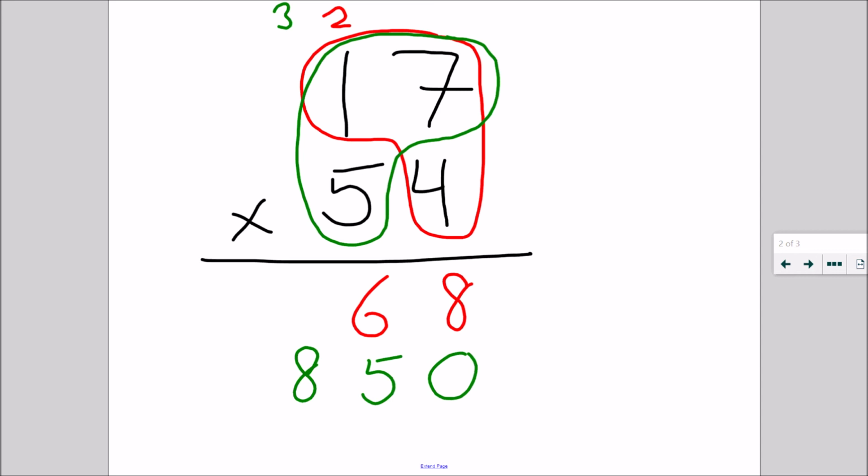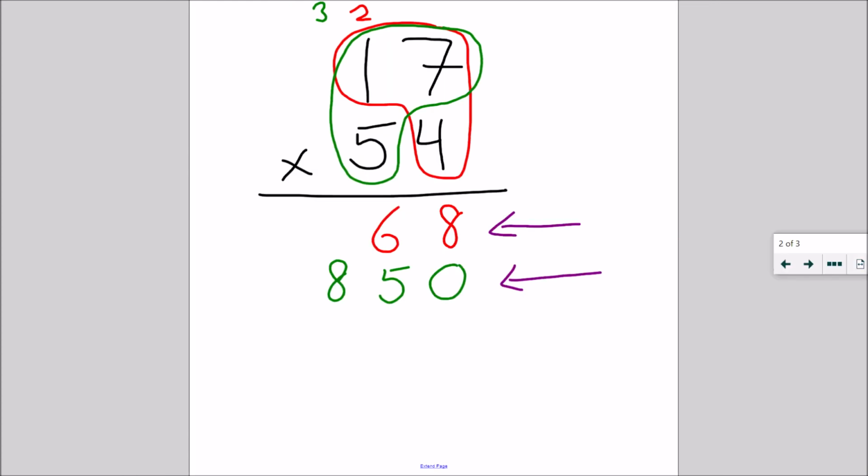Now I've got my answer to 4 times 17, and I've got my answer to 50 times 17. If I add both of those answers together, 50 17s and 4 17s should make 54 17s.